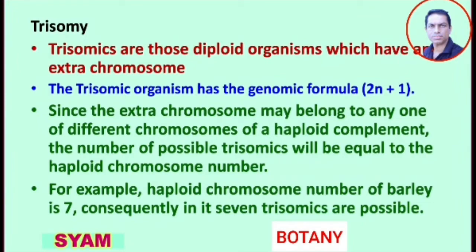Since the extra chromosome may belong to any one of the different chromosomes of a haploid complement, the number of possible trisomics will be equal to the haploid chromosome number. For example, the haploid chromosome number of barley is 7. Consequently, 7 trisomics are possible in it.